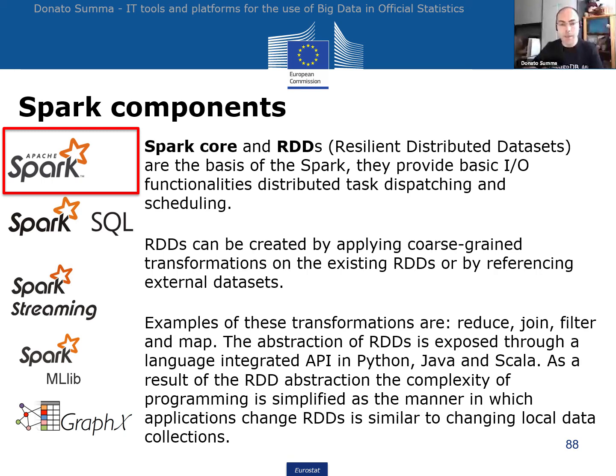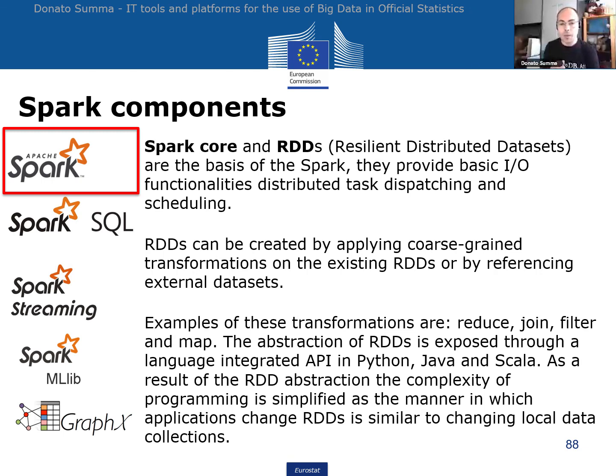RDDs can be created by applying coarse-grained transformations on existing RDDs or by referencing external datasets. Examples of these transformations are reduce, join, filter, and map.